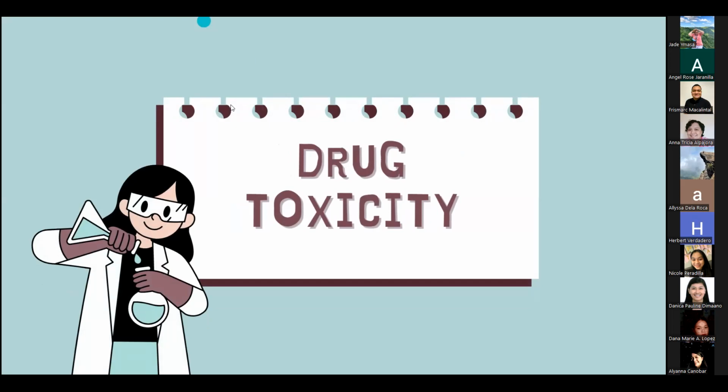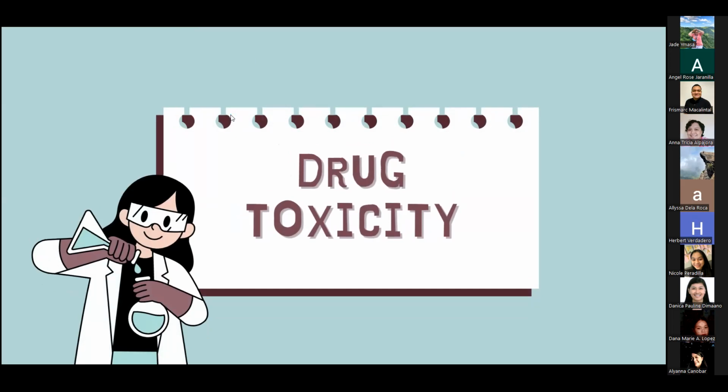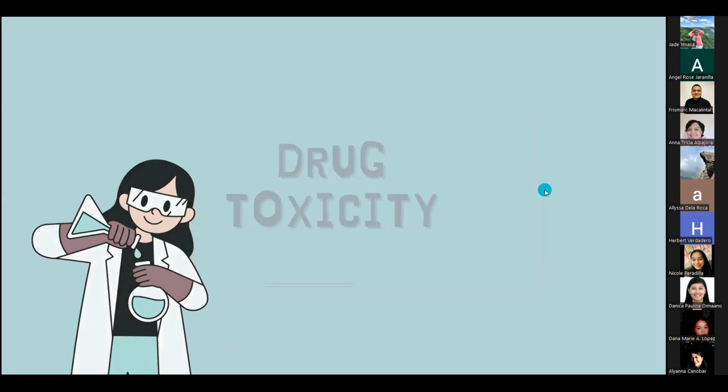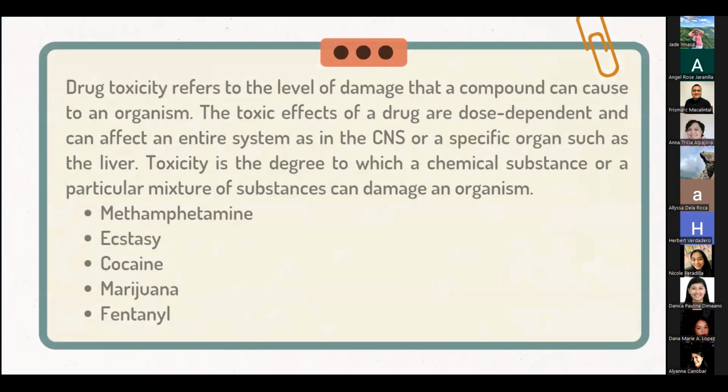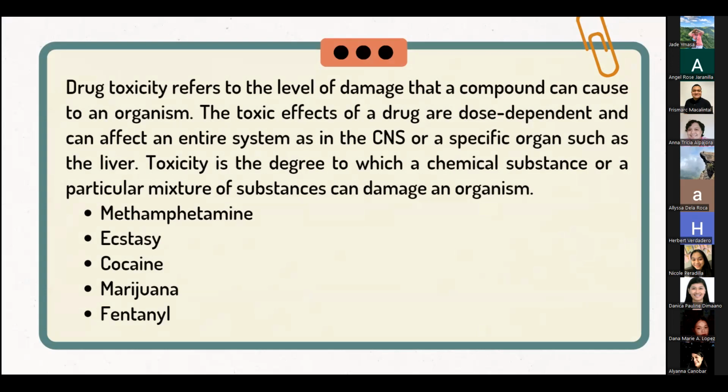So for drug toxicity, what is drug toxicity? Drug toxicity refers to the level of damage that a compound can cause to an organism. The toxic effects of a drug are dose dependent and can affect an entire system, as in the CNS or central nervous system, or a specific organ, such as the liver.